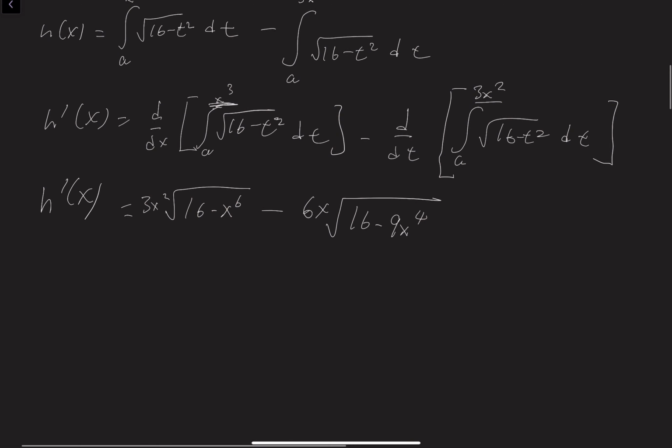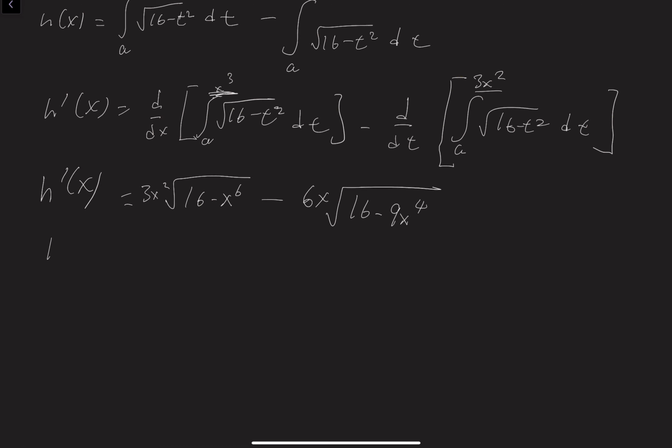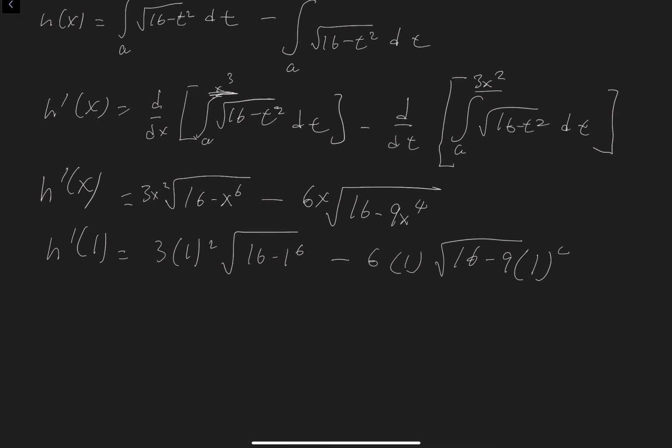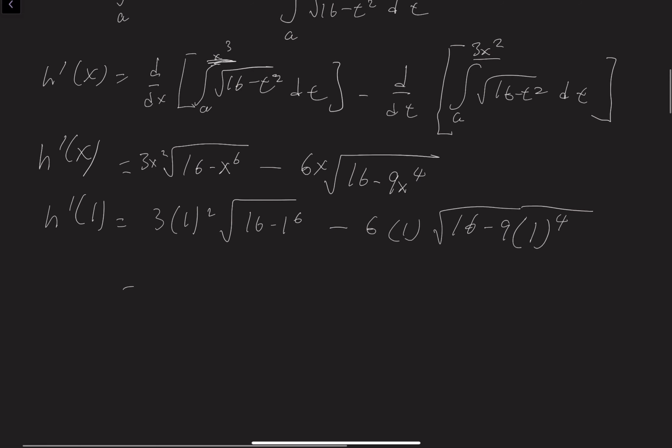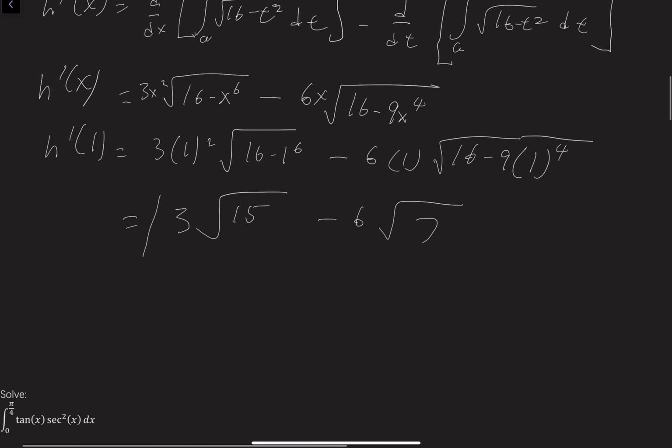And now you can substitute 1 in. h prime of 1 is equal to 3 times 1 squared, times square root of 16 minus 1 to the 6th power, minus 6 times 1, times square root of 16 minus 9 times 1 to the 4th power. So that's equal to 3 times square root of 15, minus 6 times square root of 7. And that's the result.